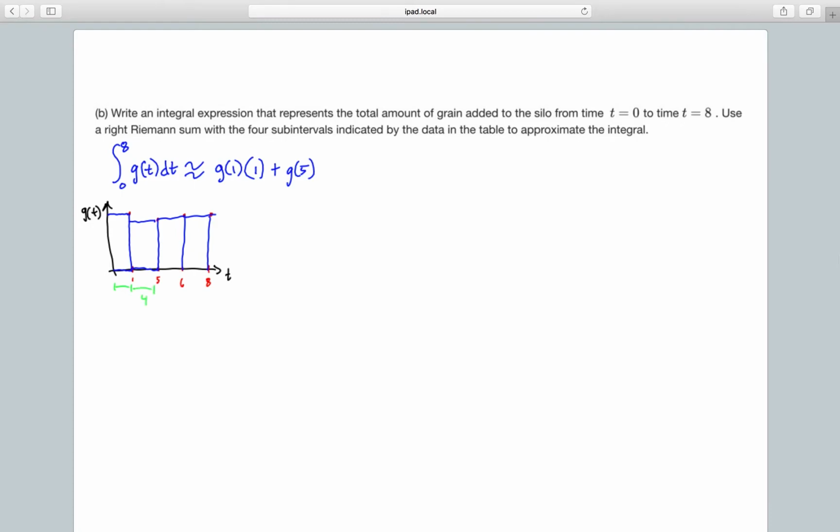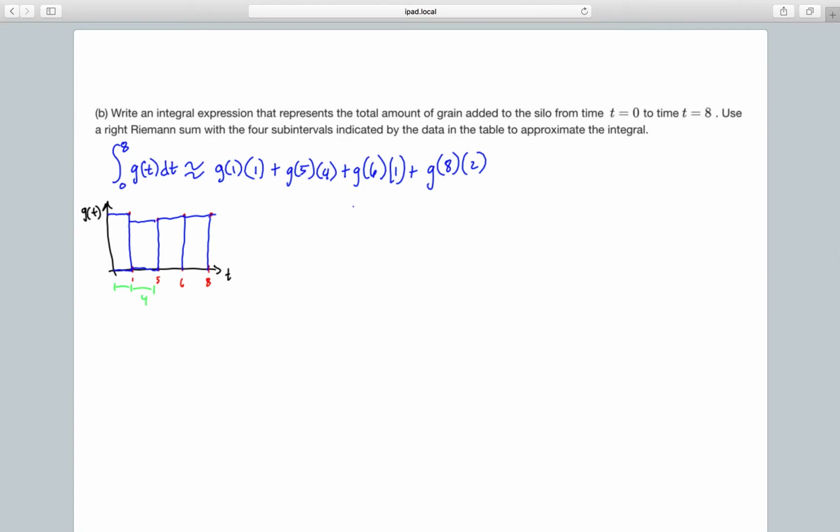So g of 5 times 4 plus g of 6 times 1, plus g of 8, and that last rectangle has a width of 2. All right, and so then we'll just go reference our table to get those y values.